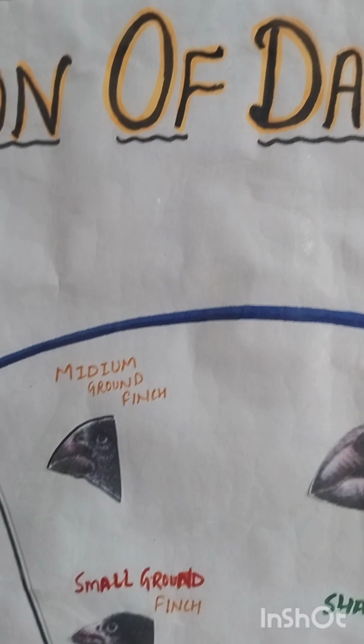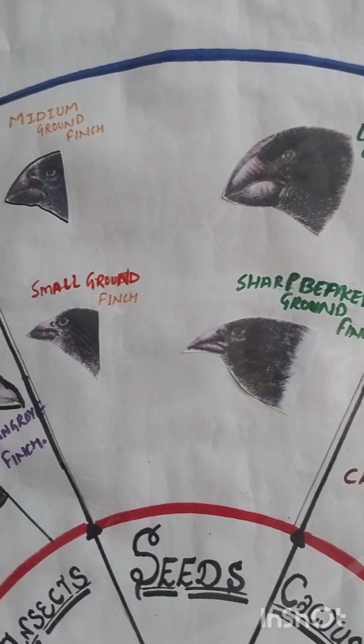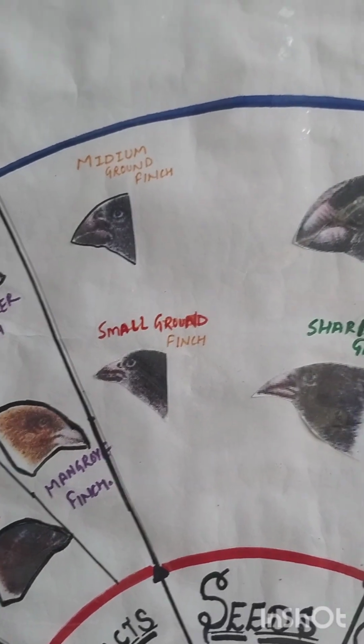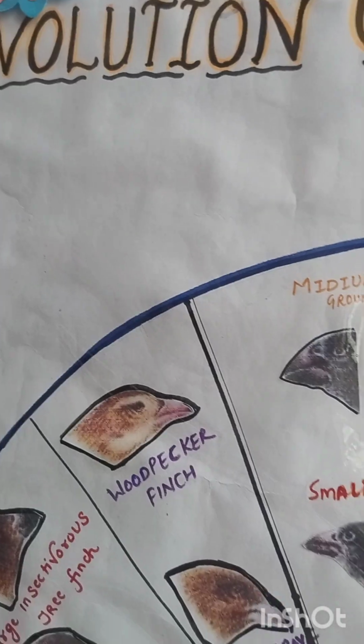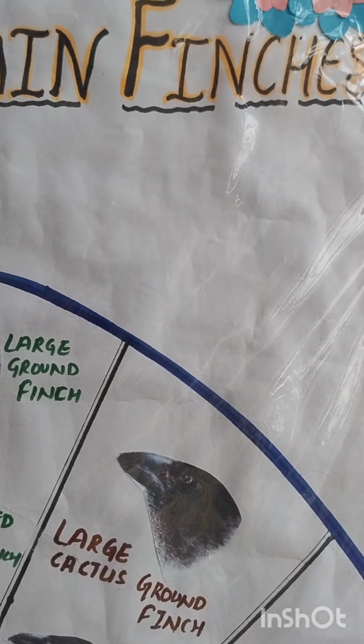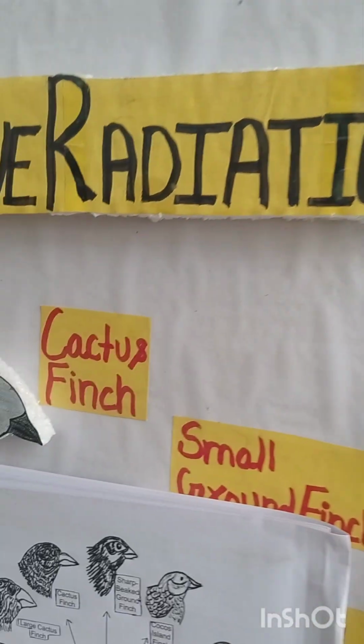Actually, in evolution, they have evolved from one ancestral finch, one ancestral type, and then variation comes depending upon their food source and their environment. You can see this one showing the evolution.